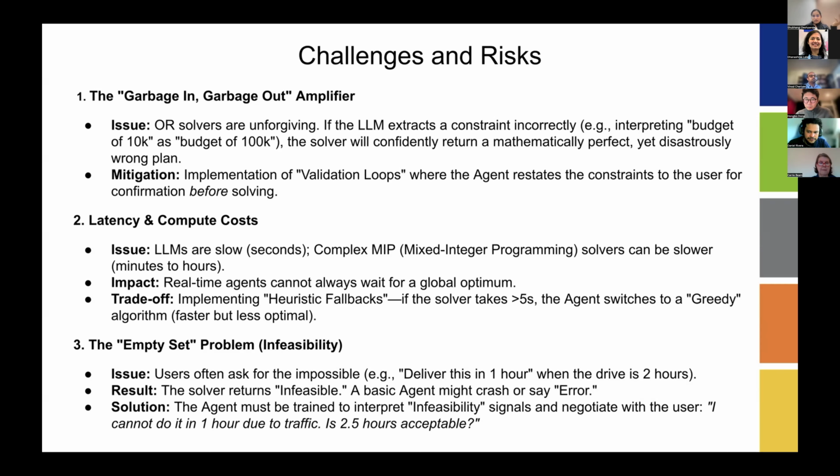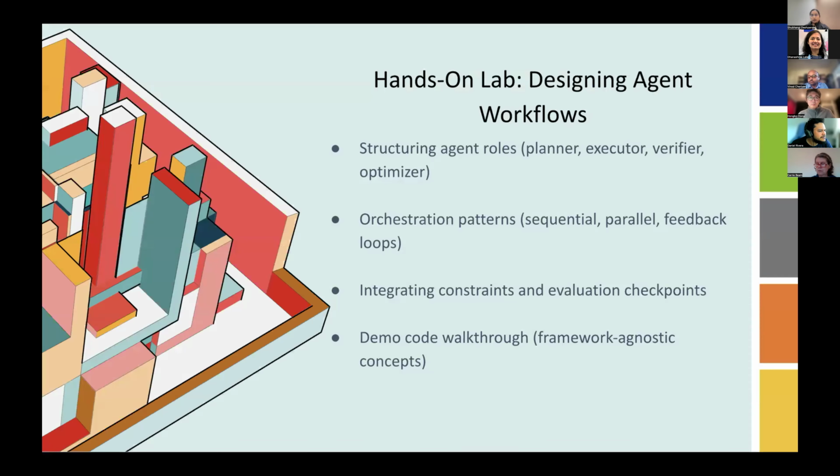They can just ask, if I cannot do it in 1 hour due to traffic, is 2.5 hours acceptable? So this is what I wanted to share about the convergence of AI and OR, and how OR plays a vital role in AI system architecture. And I think we are now ready for the hands-on lab.